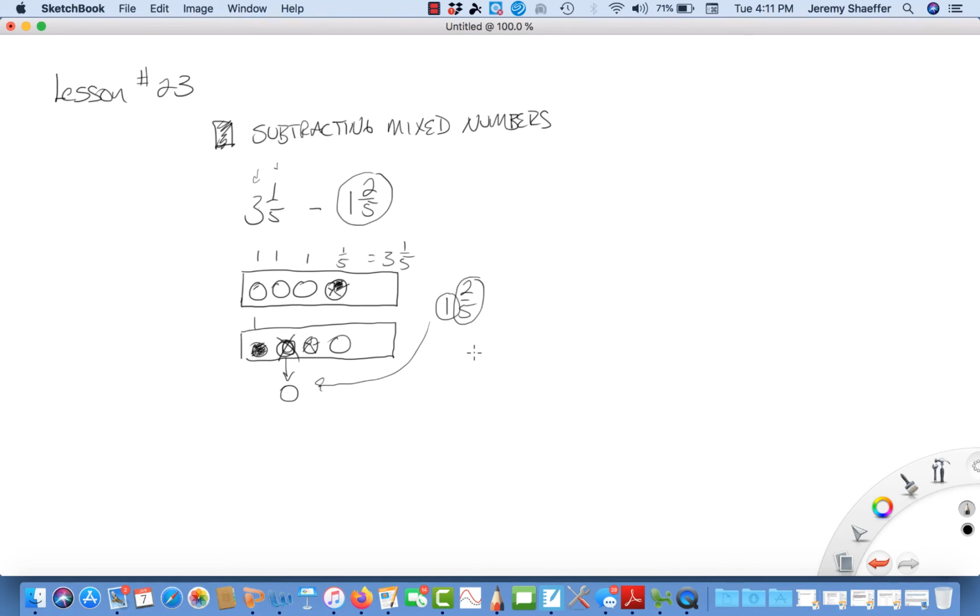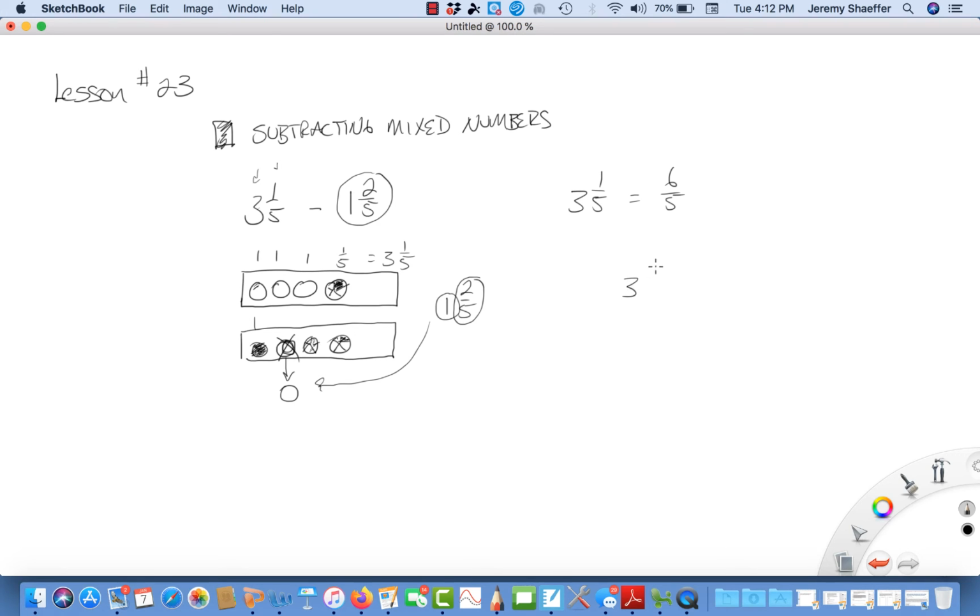So if we have 3 and 1/5, if we make the 1/5 into 6/5, that means we have essentially this one right here, this whole fraction, and this one, we have one of them shaded. Okay, so here's another way to think about it.